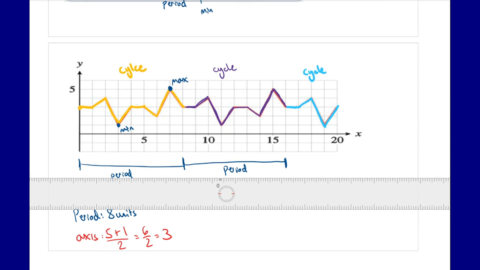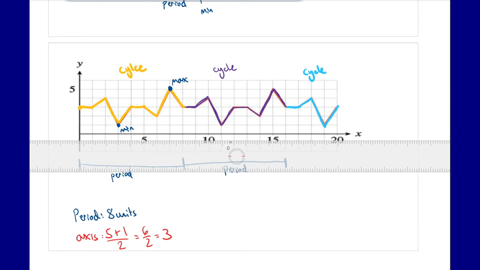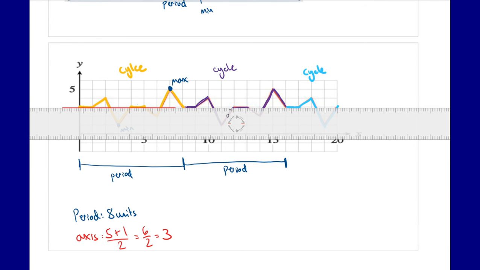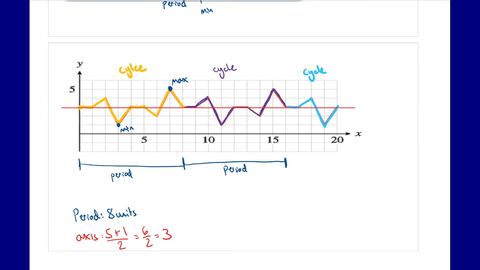So that means that at 3, so 1, 2, 3, I have my axis. And in some cases, like it is here, that axis may be almost a common line in our function, we can see that it does kind of level out there. May not be the case in every scenario, but we can clearly see our axis here.